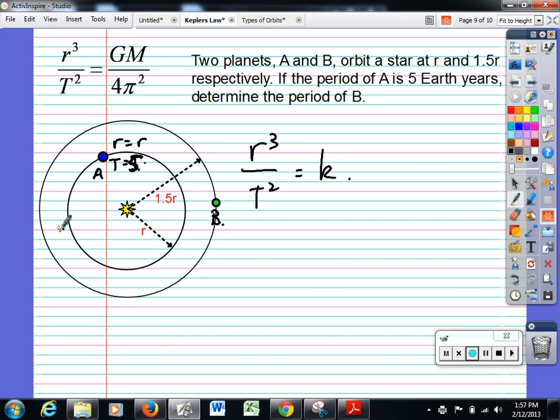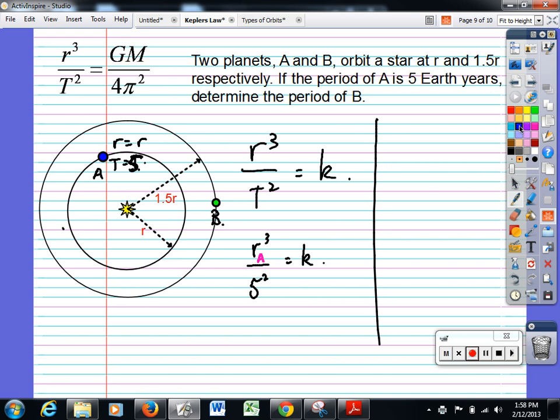So let's put that in for the first one. It becomes r cubed on 5 squared is equal to k. Are we okay with that? Now looking at the second planet, planet B. Now that r, by the way, is the radius of orbit of A. So don't forget about that.